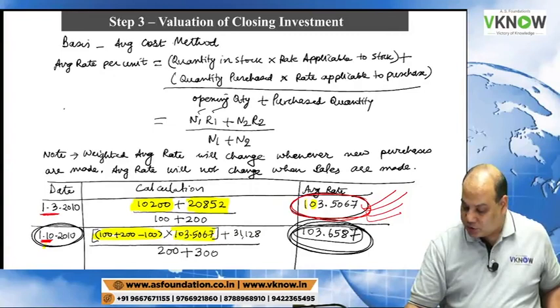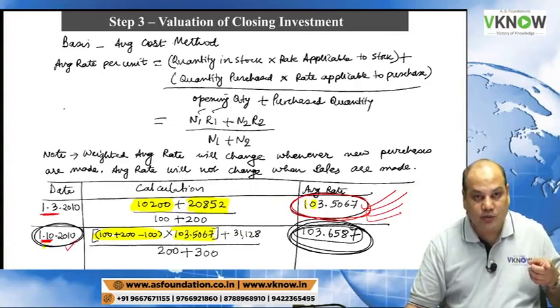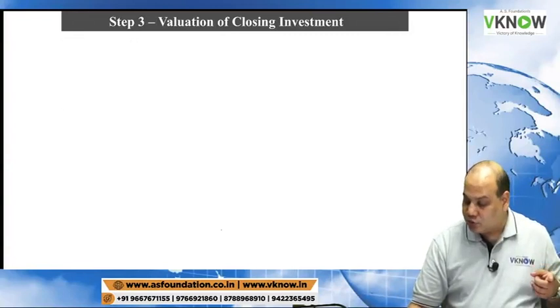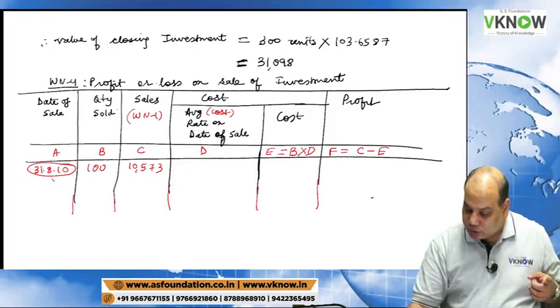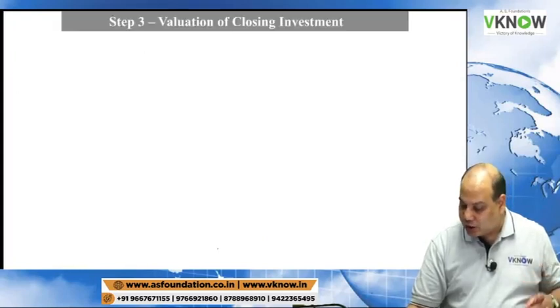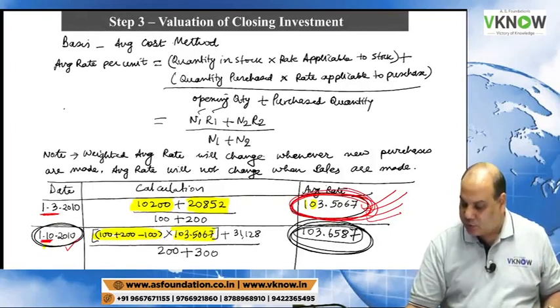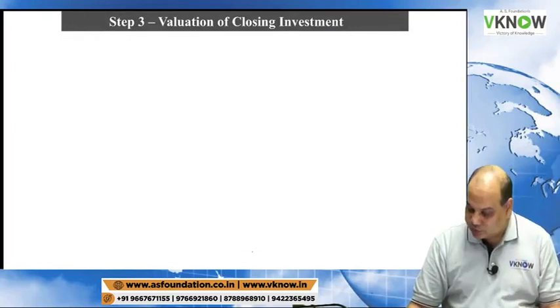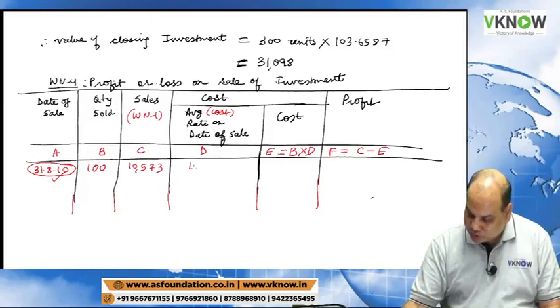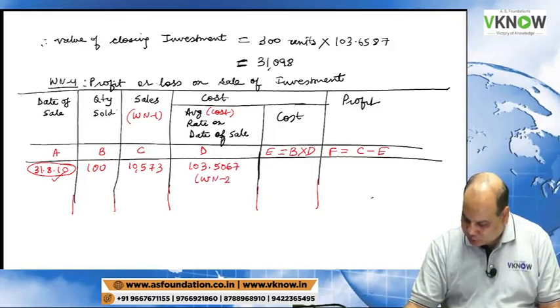New lot was purchased on 1st October. Investments were sold on 31st August. So the rate applicable will be 103.5067. This will come from working note 3.